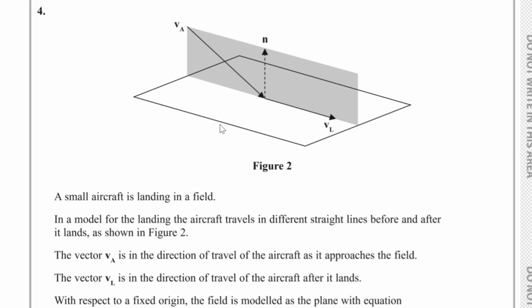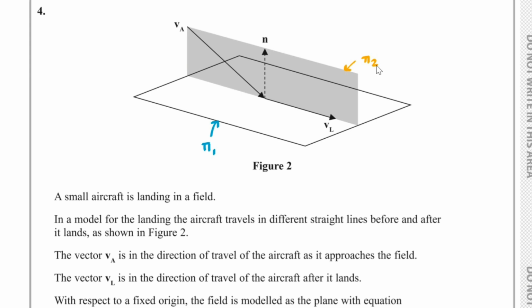So if I call this plane pi1, and if this plane is pi2, we are looking for the vector line where pi1 and pi2 intersect.